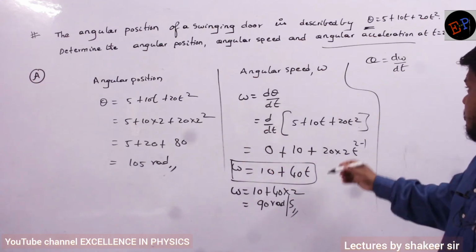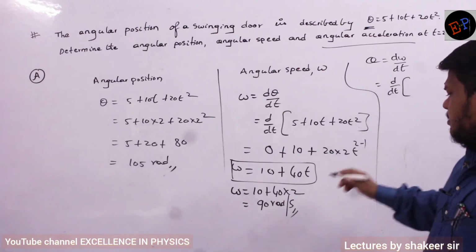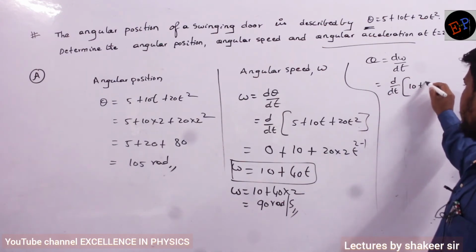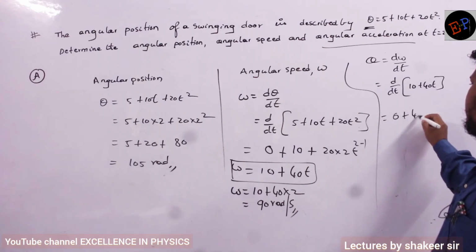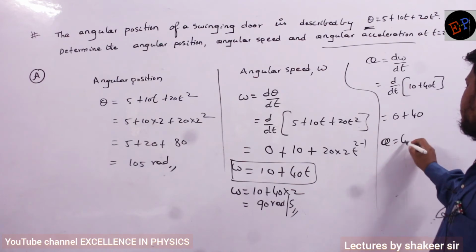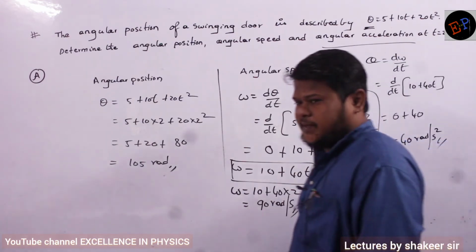The omega equation I got is 10 plus 40t. So 0 plus the differentiation of 40t, which is 40. So alpha is equal to 40 radians per second square.